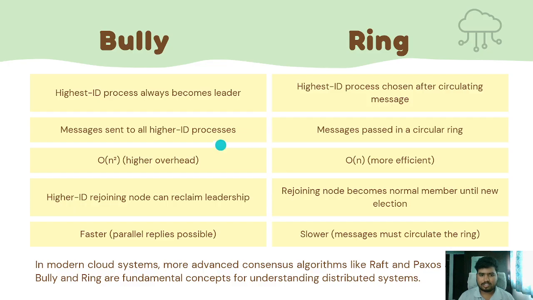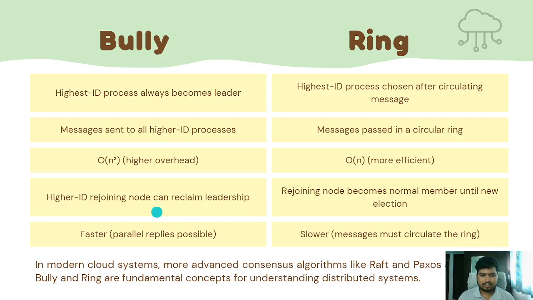No lower ID process gets the election message. But in the ring algorithm, the message is passed through the circular ring. That means lower ID, lower priority processes also get that message. Here the complexity is order of n square, but in the ring the complexity is order of n. So it is more efficient in smaller systems.